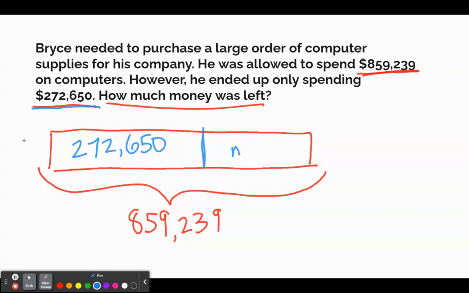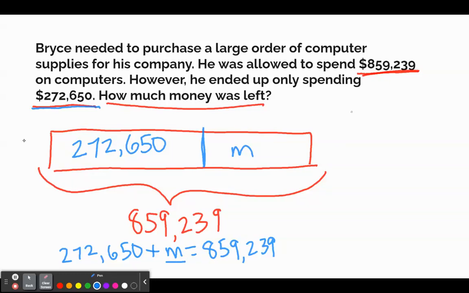So I'm going to go ahead and represent that with M. So I know that in order to find M, 272,650 plus M is going to equal 859,239. Or I can also take away, and that's going to help me find M. So if I take away 272,650 from 859,239, that's going to help me find out what M is.